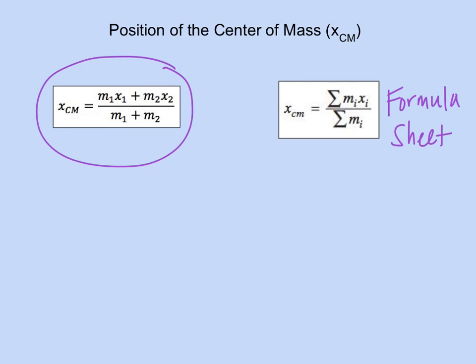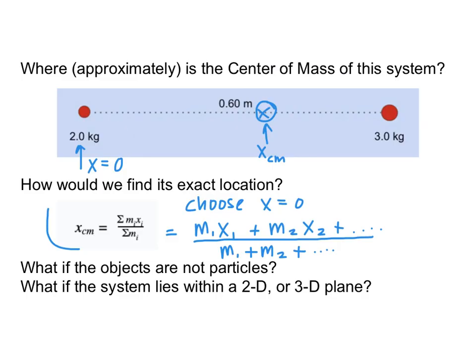So same thing, just a different notation. If the system is in 2 dimensions or 3 dimensions, then we just have the same sort of formula, but for y coordinates or z coordinates instead. So you would just separate the problem into what's happening vertically and what's happening horizontally, kind of like we've done with other situations like projectile motion and so forth.